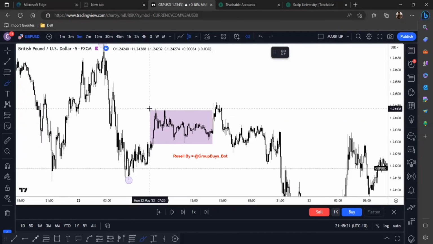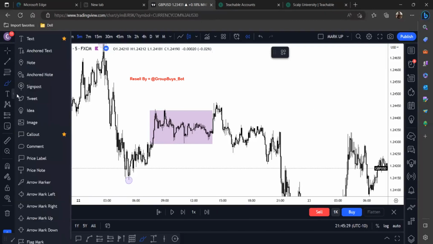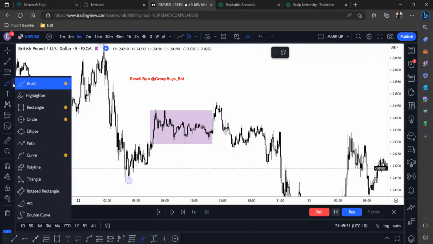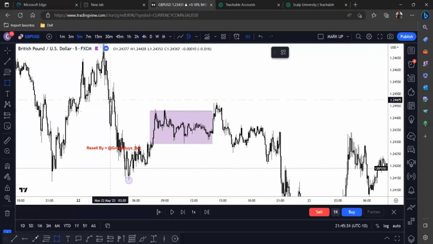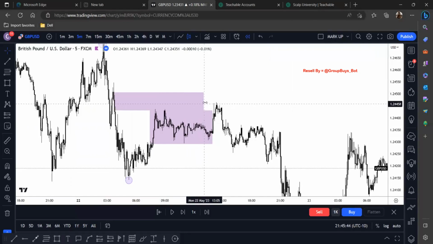Liquidity ends right at this high. We look to the left and see there's a point of interest right here, so we can go ahead and mark our point of interest, whatever you want to call it. Let's measure from this top to these wicks down here.